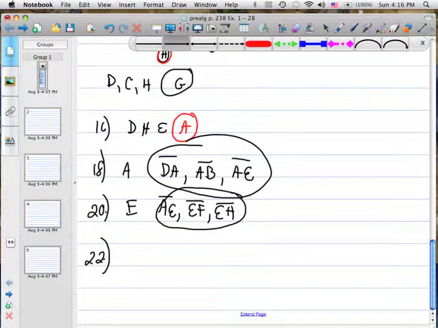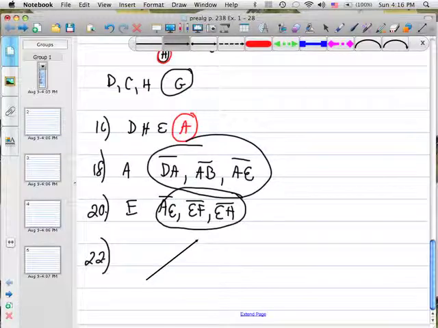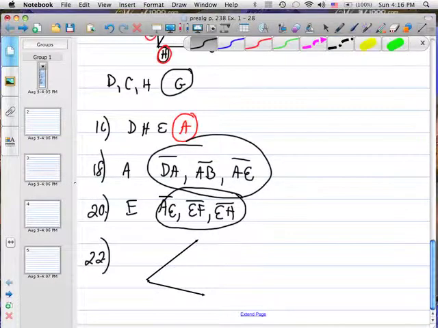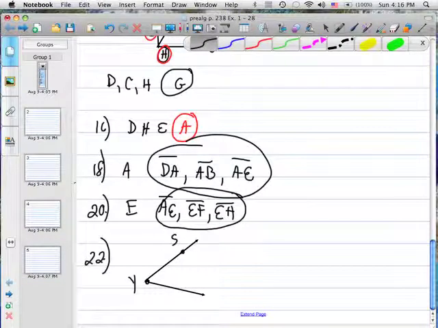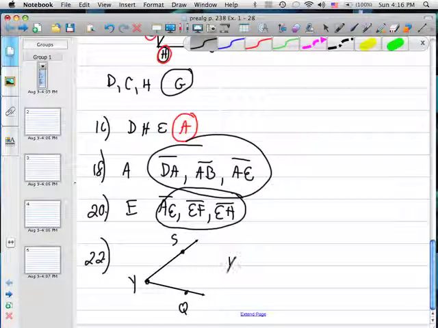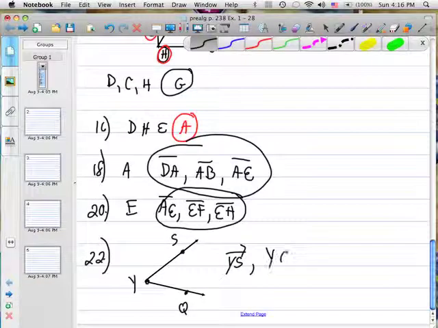Well, it's an angle, and the vertex has to be the middle letter, so this is Y. S has to be on one of the other rays and Q on the other ray. So our sides are ray YS and ray YQ.